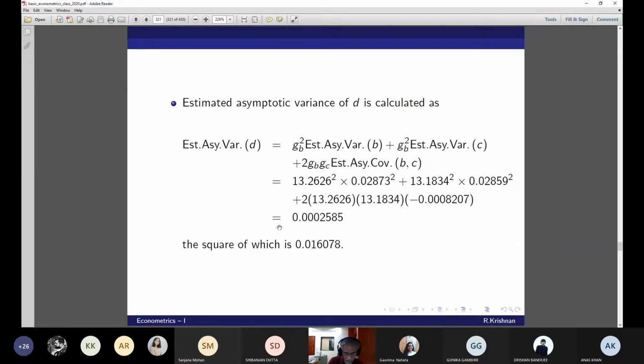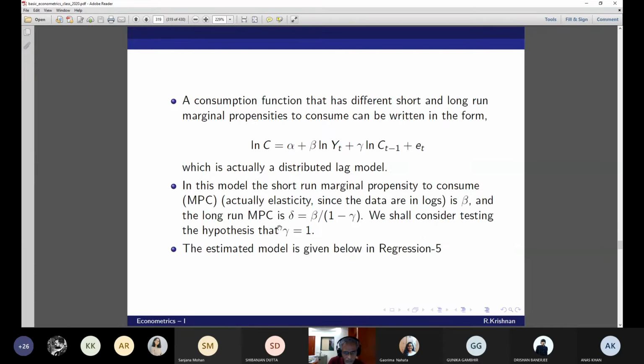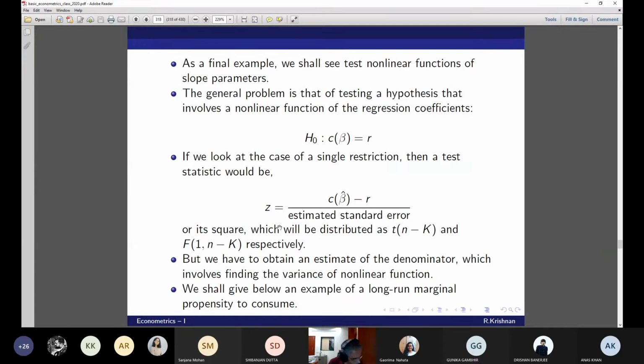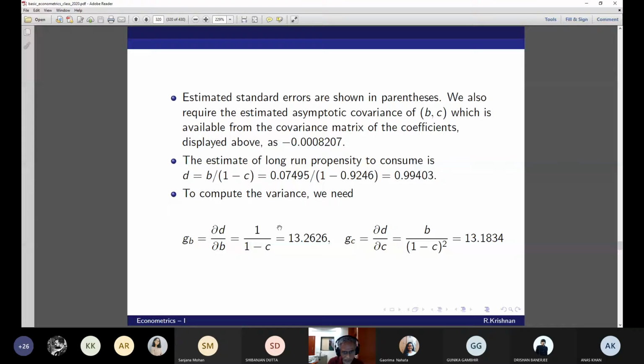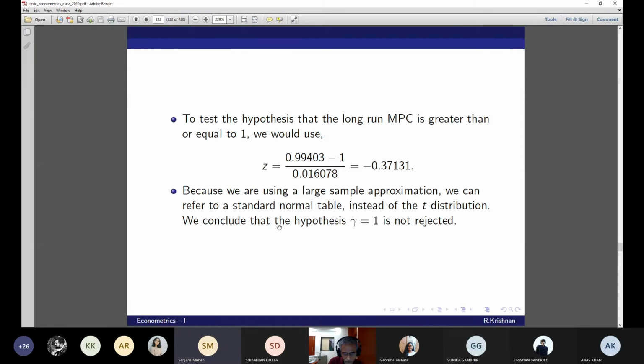How do you test the hypothesis now? We have this from our estimated regression, 0.99403, minus 1, upon the standard error.